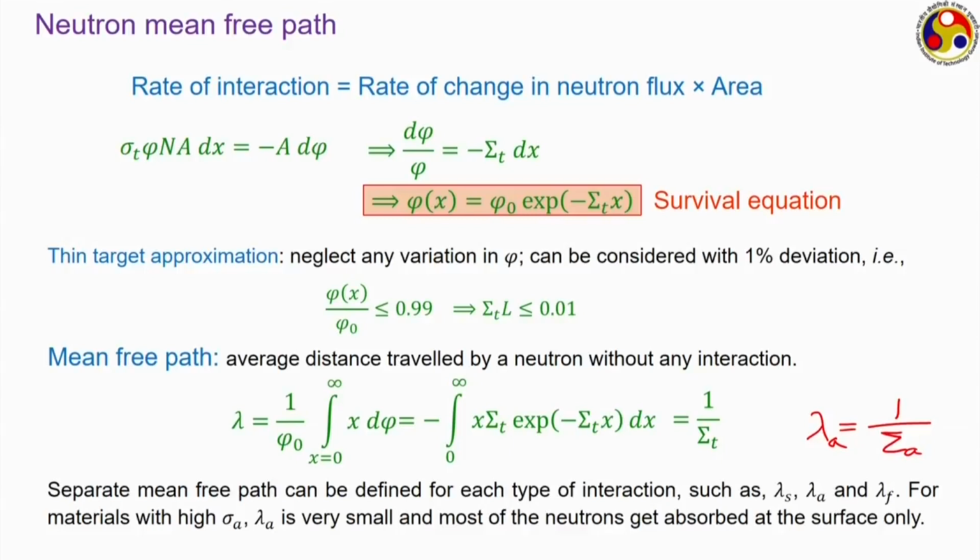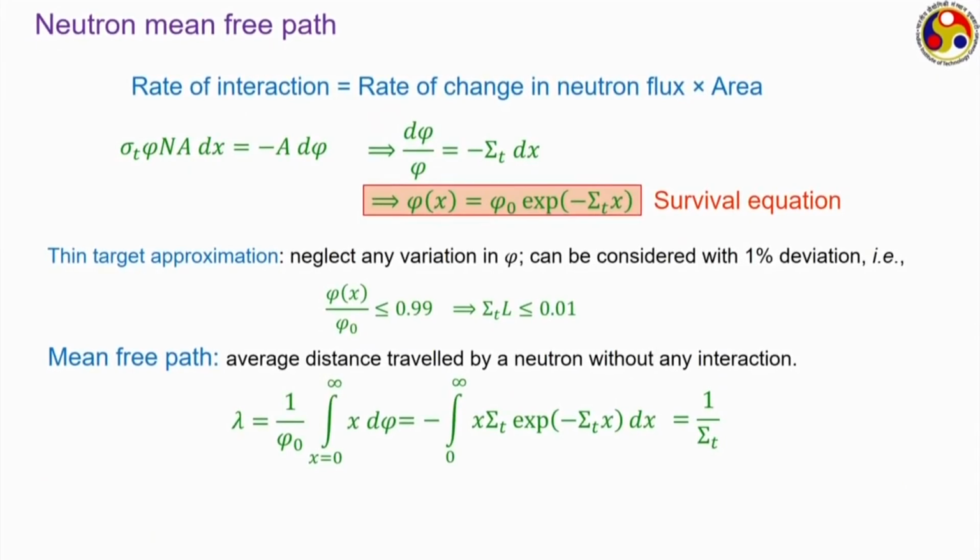Now, when the value of this absorption cross section is extremely high, the value of the corresponding lambda_a is much lower, and accordingly most of the neutrons may get absorbed at the surface only, before going into the interior of the medium. But this concept of mean free path is a very important one, and once we have the cross section data available, we can calculate all kinds of mean free path.